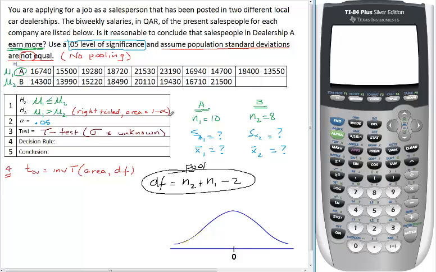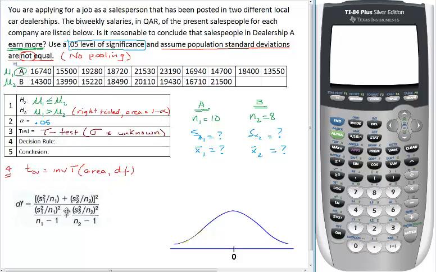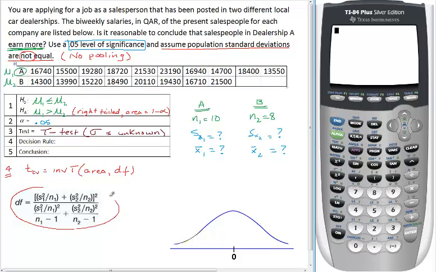When you do not pool the data, the formula is significantly different. Lucky for us, Mr. Calculator does it for us as well. Just to show you what that formula looks like, I'll post it here for a second. There's the degrees of freedom formula, and you have to calculate the variance of both samples and so on. It's a more complicated formula, so rather than use that, we're going to let the calculator do it for us.